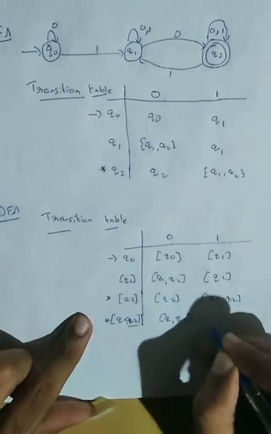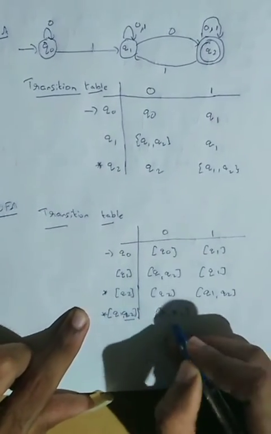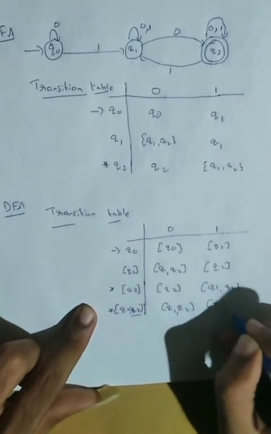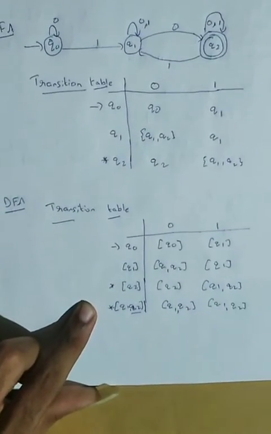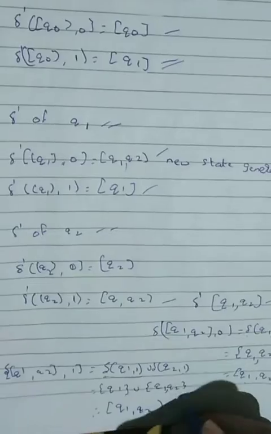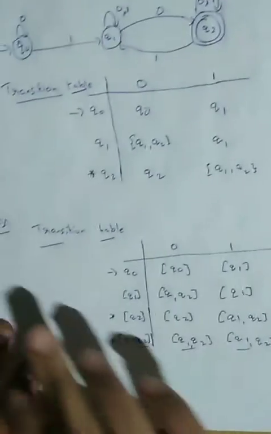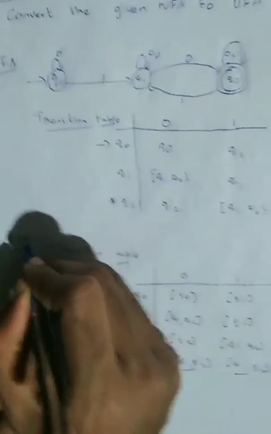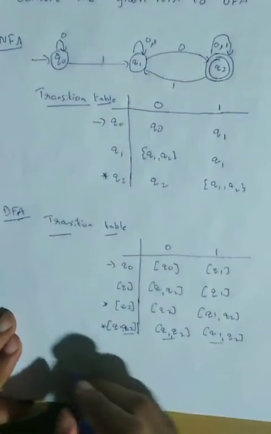q1 comma q2 with the input 0, we will get q1 comma q2, and with the input 1, we will get q1 comma q2. We just got these values from here. Now using this transition table, we have to write the transition diagram for the DFA.